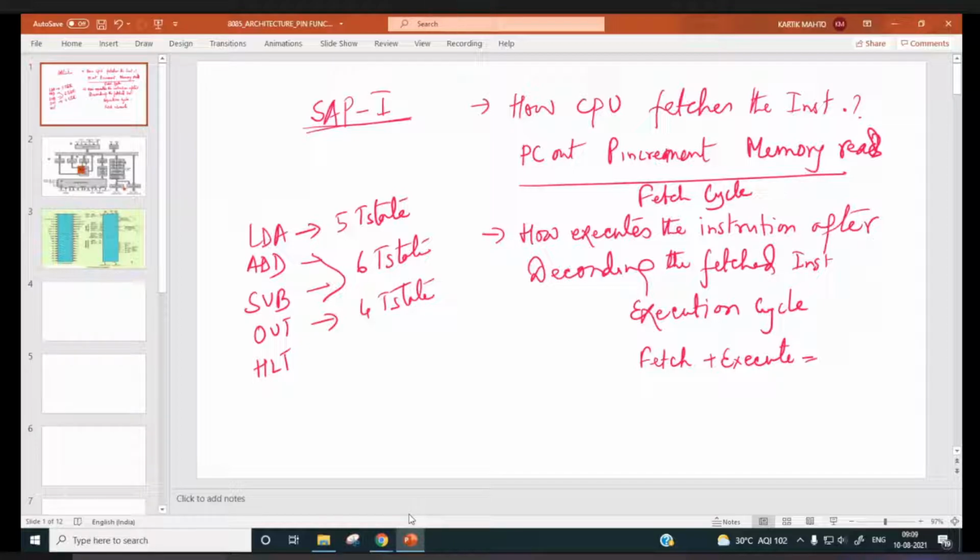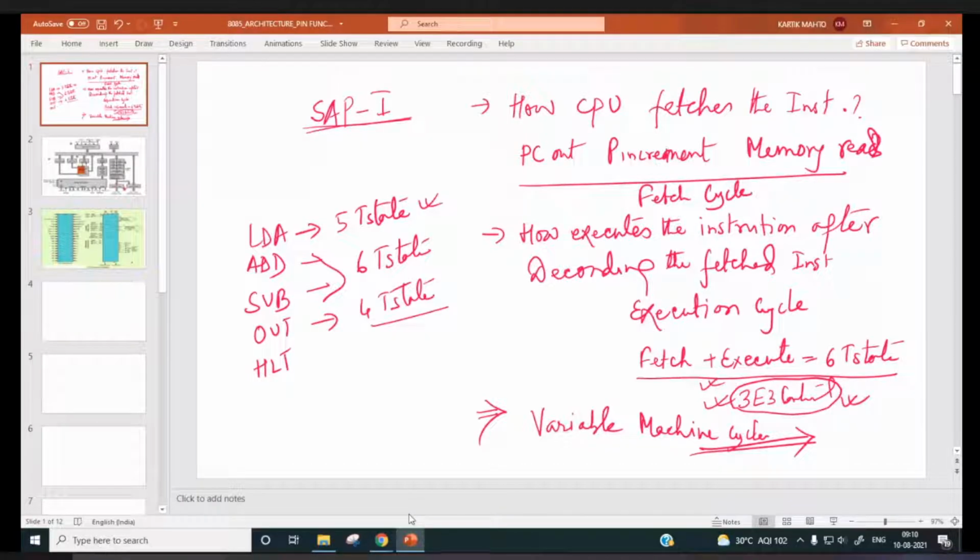In that, whenever the control word output is 3E3, this control word is decoded and fetching of the next instruction is started immediately, so that T state is not wasted. So variable machine cycle.